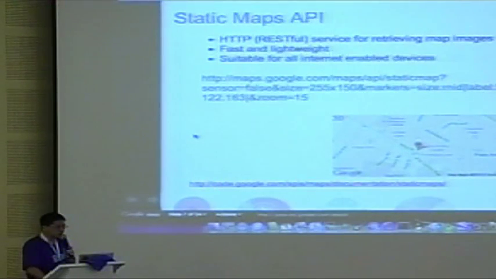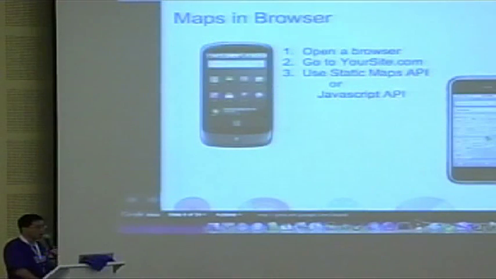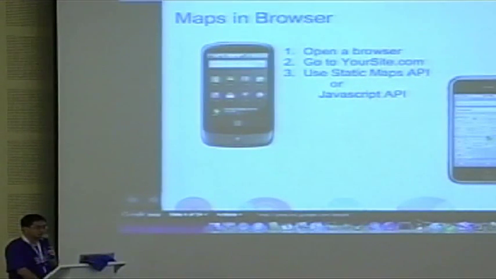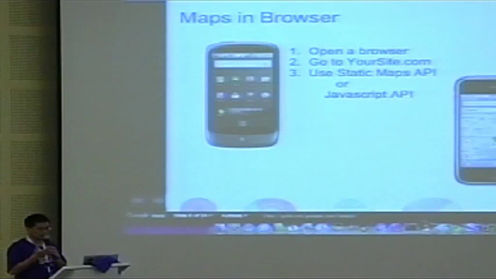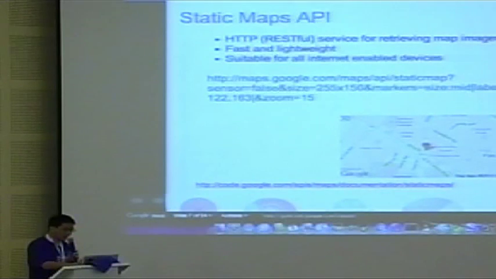So the first option is to simply open up a link to a map inside a browser. But the trouble with that approach is that an external browser, sort of external to your mobile application, doesn't look quite right in terms of look and feel, because it takes you away from the native application. Or you could use the Static Maps API.